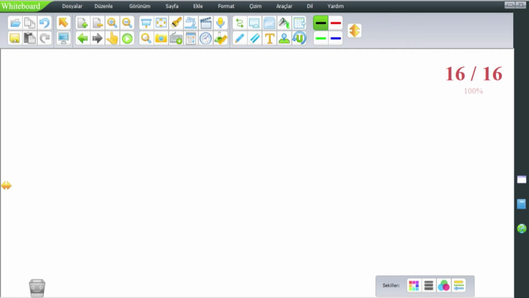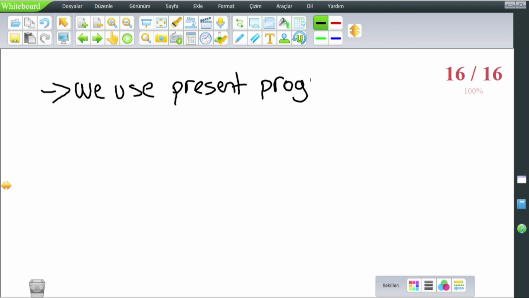We were talking about where we use present continuous, and I would like to add one more usage of present continuous. We use present continuous or progressive to describe or express our complaints.